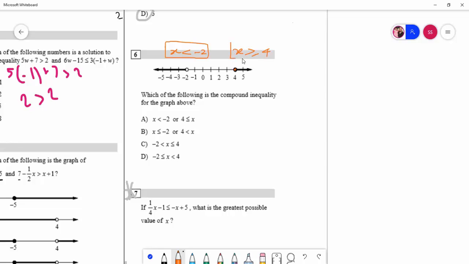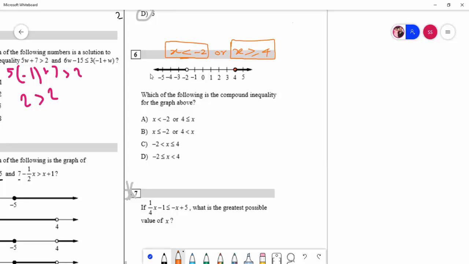Yes. So it can be either this or that. It's an or. It's not giving you and. So if they're separate like that, it's an or? Yes, exactly. Okay, that makes sense.